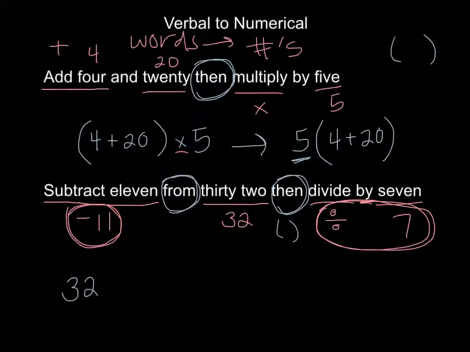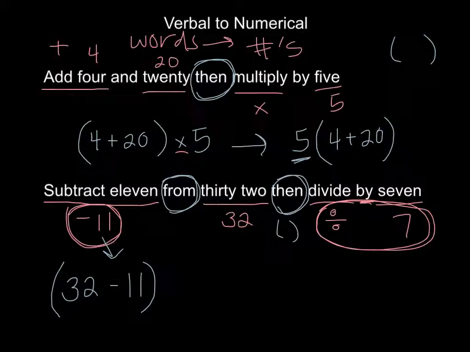So 32 is at the front of my problem, and it says I need to subtract 11 from 32. Because subtraction has to stay in this order, it would look like 32 minus 11. So subtract 11 from 32, "then" tells me that my parentheses need to go around this part.